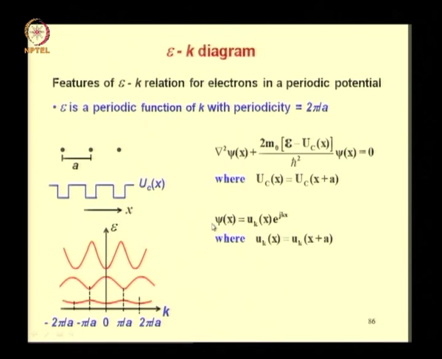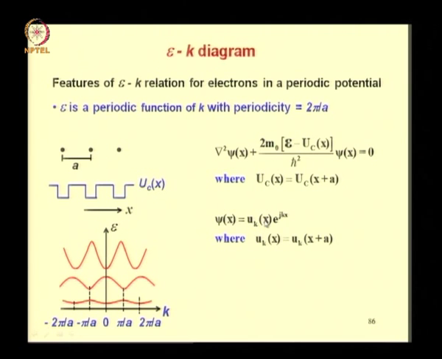Now, there is a theorem called Bloch's theorem which says that if the potential is periodic as considered here, then the wave function which is a solution of the Schrodinger's equation is of this form: u_k(x) times e to the power j k x. Here the suffix k indicates that this u contains k as a parameter.